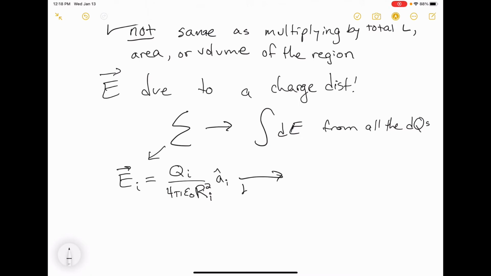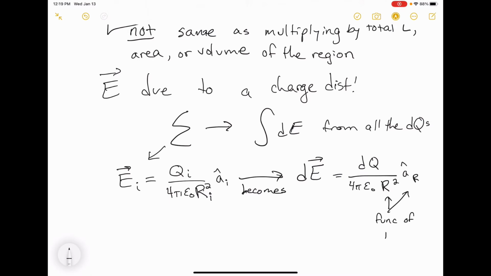Now that becomes a differential electric field element, still a vector, which is going to be dq, the differential charge element, divided by 4 pi epsilon naught r squared times a hat r. Now these are functions of position. So those change as you sweep your variables of integration over the source region that contains your charge distribution.